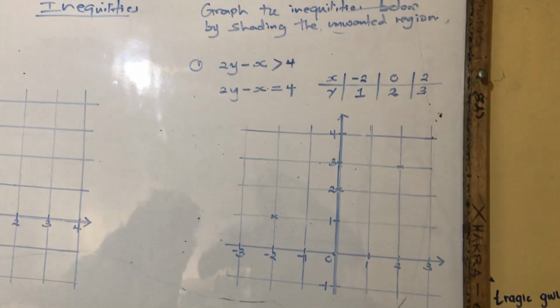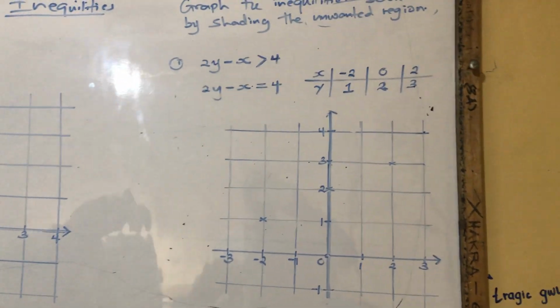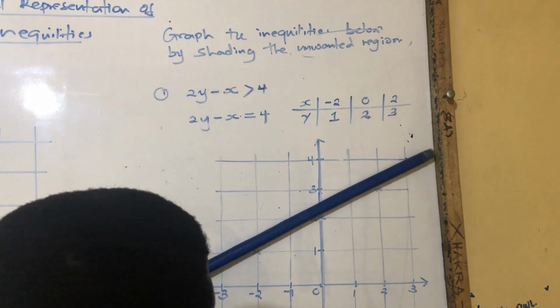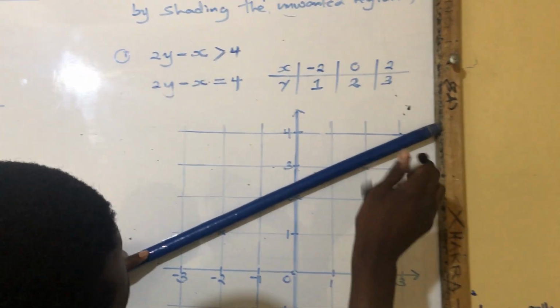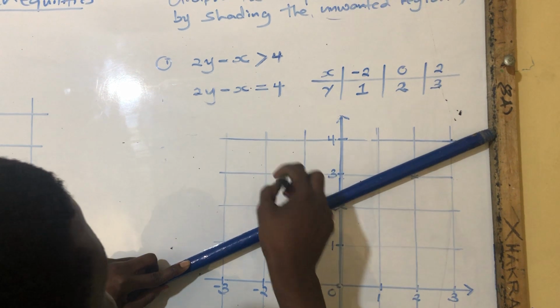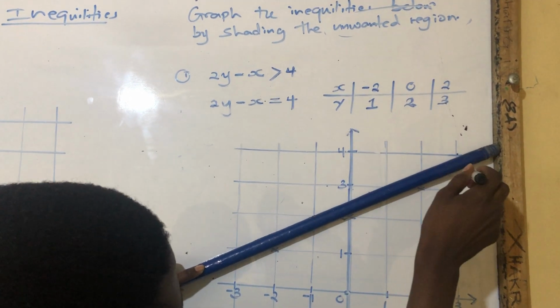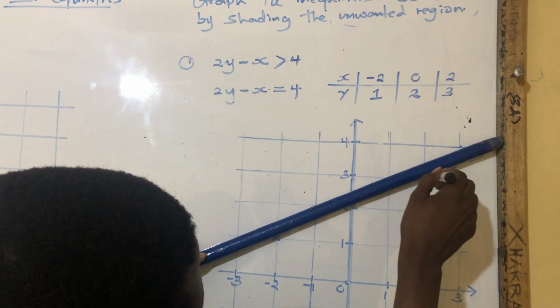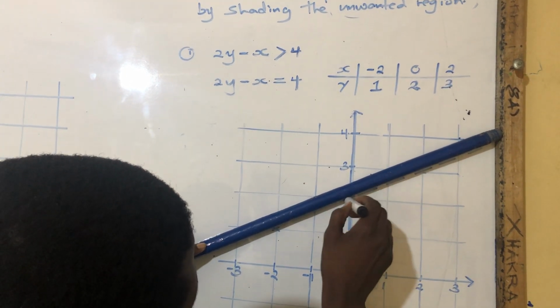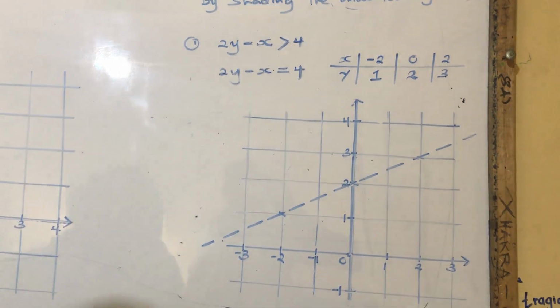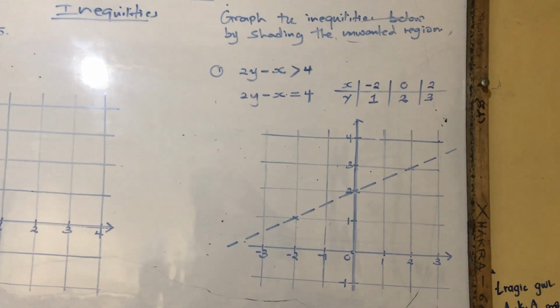After you have plotted your values in that manner, the student will then be required to take his or her ruler, then join the points. Do take note, the line should be broken. The points will be joined with a broken line.